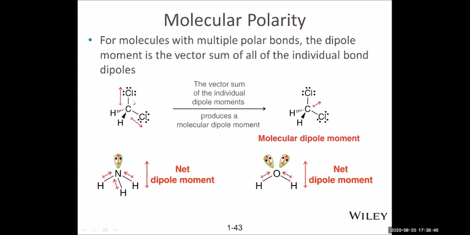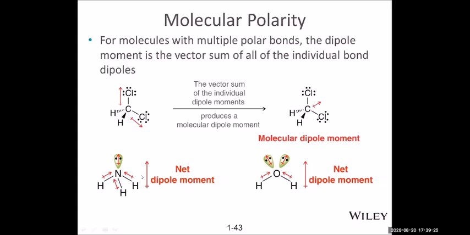So these 2 bond dipoles combined together will give us an overall molecular dipole moment. The carbon-hydrogen dipole was not shown because carbon and hydrogen have similar, closer electronegativity. So it still has a dipole moment, but it's small enough that we don't consider it. And the dipole moment combination, keep in mind, is not linear. You don't simply add them together or simply subtract. It depends on the angle.